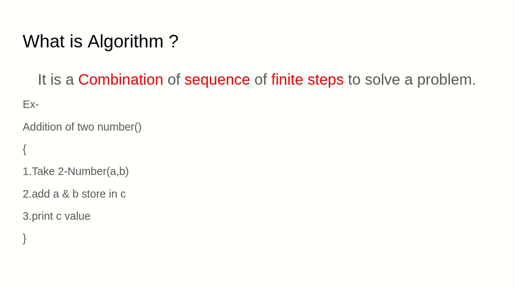We can't leave out any one statement from this combination, because without taking any two numbers, which numbers will we add? So taking two numbers is necessary, then we add those two numbers and store in C, and after that we print. Now this is the combination for addition of two numbers.